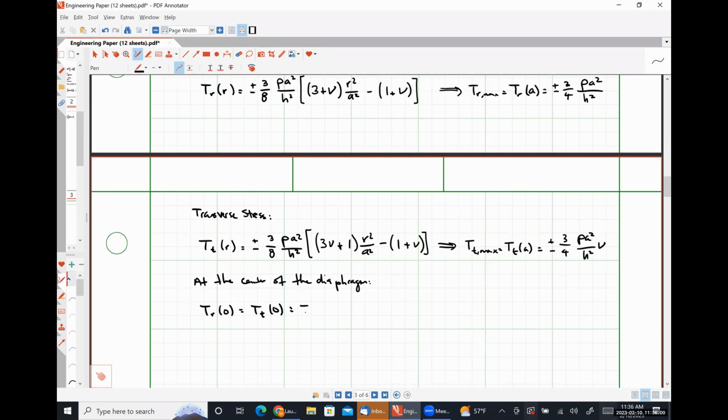And it's going to be minus plus 3/8 PA squared over H squared times 1 plus nu. So we should see that the top surface is in compression while the bottom surface is in tension if we're pushing up. So those are the governing equations for a circular membrane.